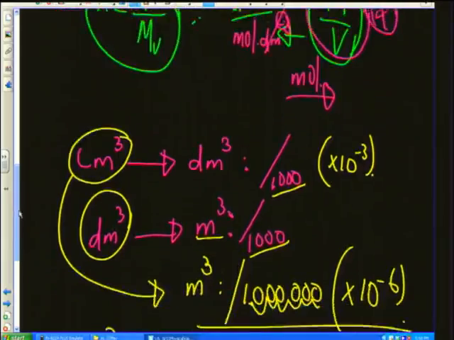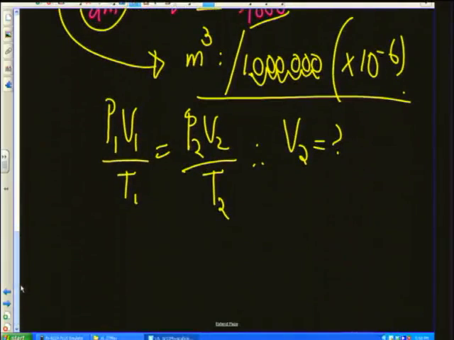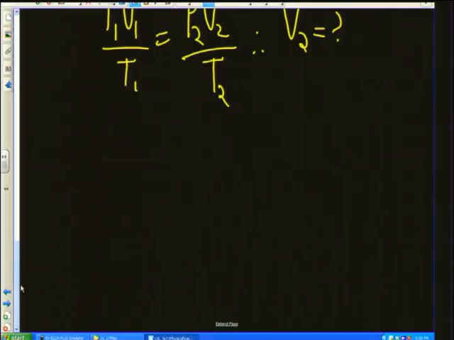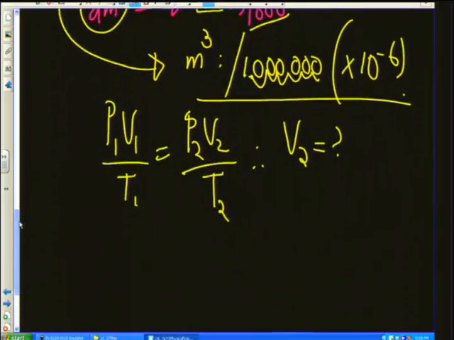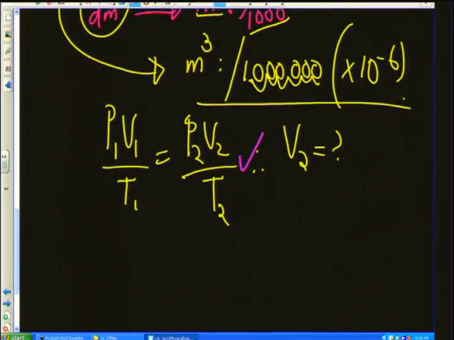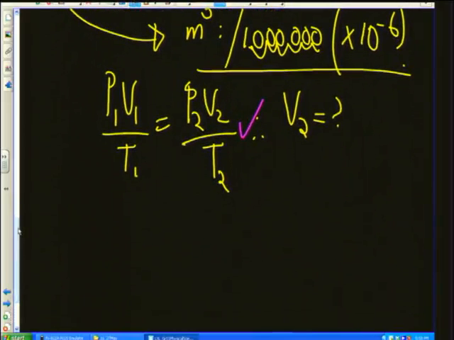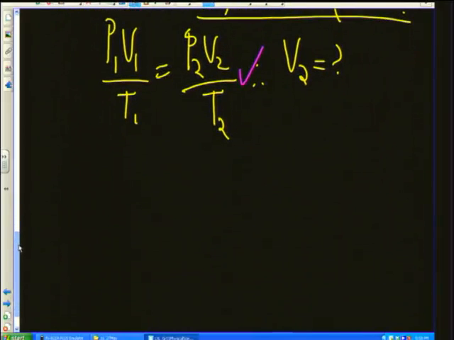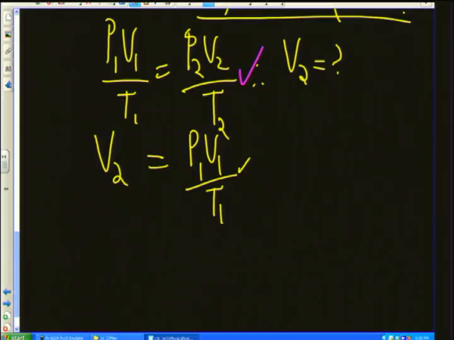But suppose you come straight here, Tabo, and you mess up, okay? So you come straight here. So we give you a mark for this one here. But when you come down here, you mess up the whole thing. You're looking for V2, and then you say V2 is equal to P1 V1 divided by T1 times T2 times P2. Okay, then you work it out.